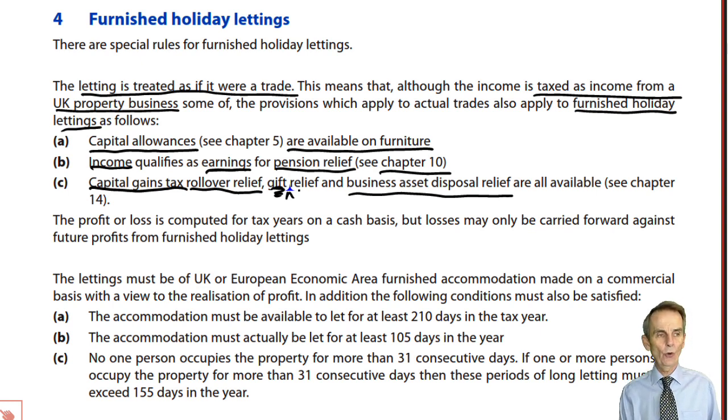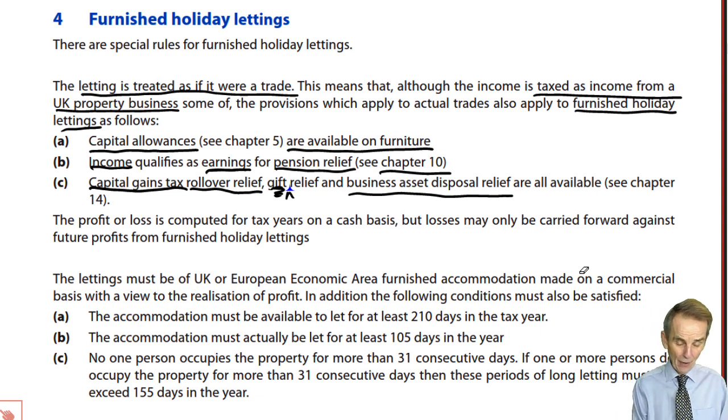Now, if it's just a normal property that you let out to a tenant for however many months, however many years, then none of those CGT reliefs will be available to you on the eventual disposal of that property.